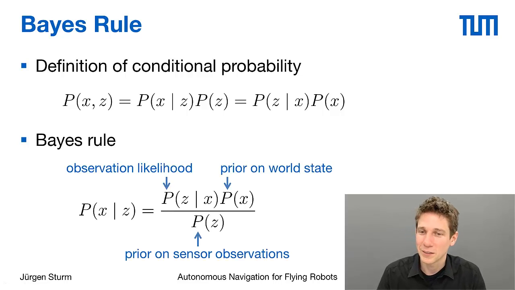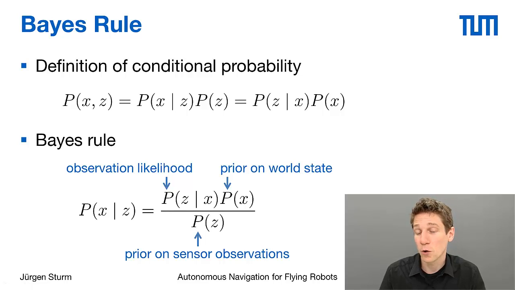And now let's look a little bit closer at those terms and how difficult they are to obtain. As we've said, this causal model p of z given x is typically easy to construct for a given sensor. The p of x encodes the prior on the world state, so how likely is it that we are in a certain state?